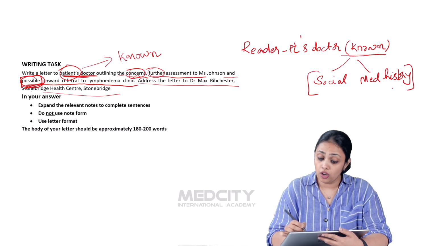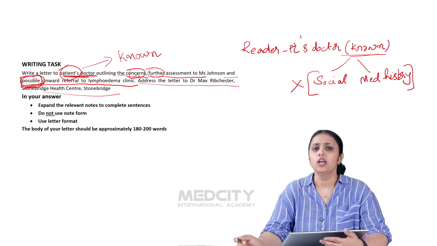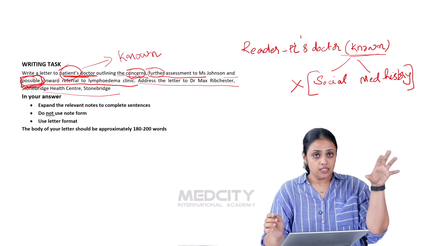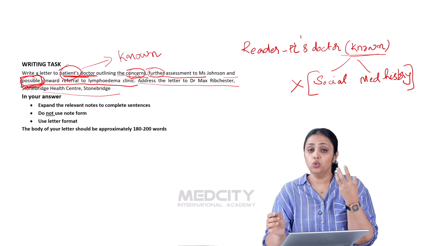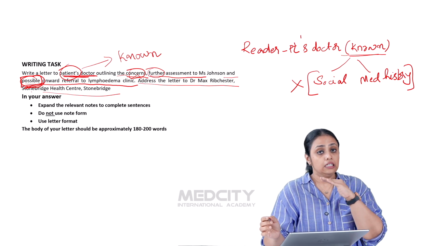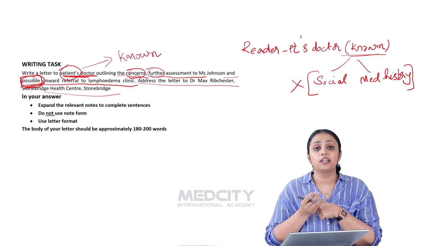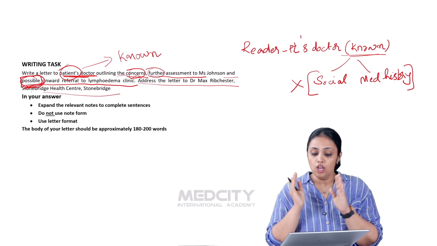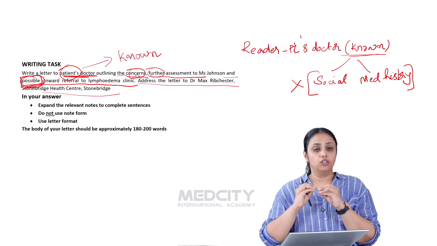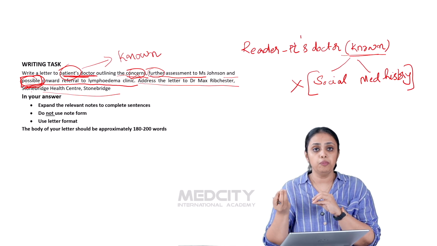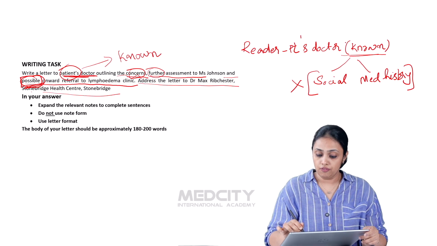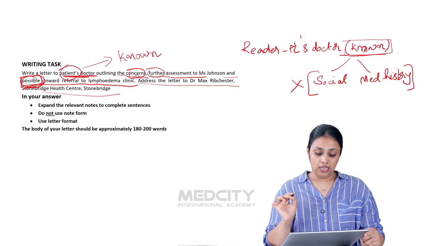These should not be included. Not just the past medical history, some recent happenings also, which you understand from the case note are known to the reader, should not be repeated in the letter, and you should not be wasting the time of the reader. So whatever details you feel the doctor would already be knowing, you should not include if you understand that it is a known case, and in this case it is a known case.